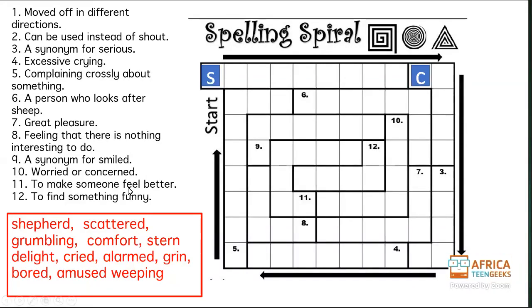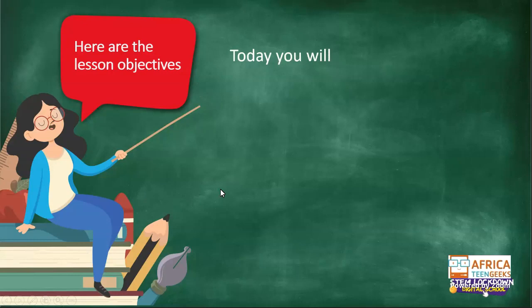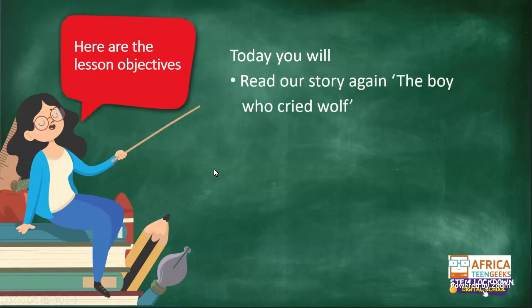And remember, we went over it yesterday, and I showed you the first letter of each of our words. Good. Now today we're going to read our story again, The Boy Who Cried Wolf. If there's somebody that would like to read some of the pages, I would love that. You can put up your hands when we're reading to say that you'd like to read a page.